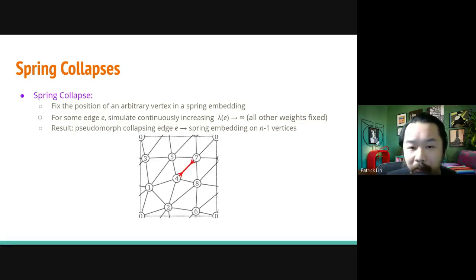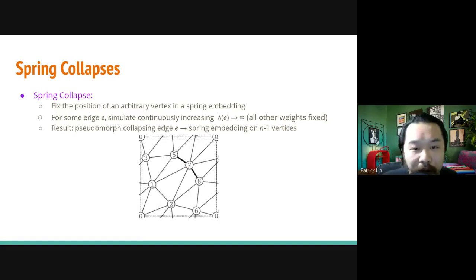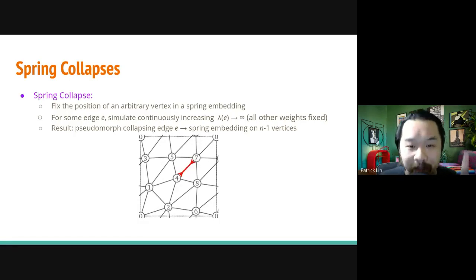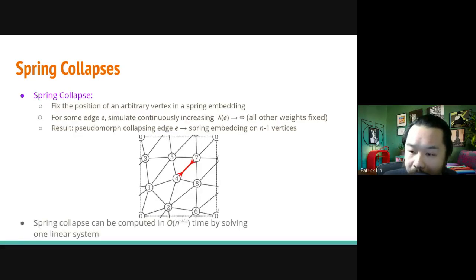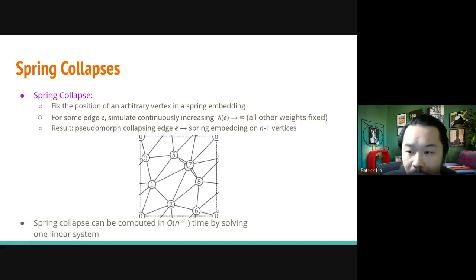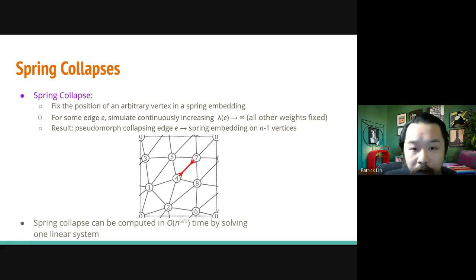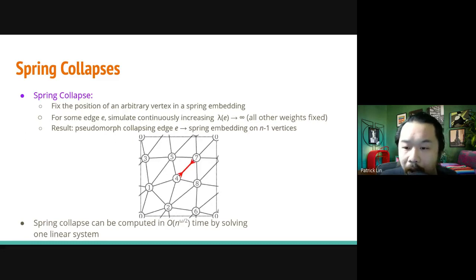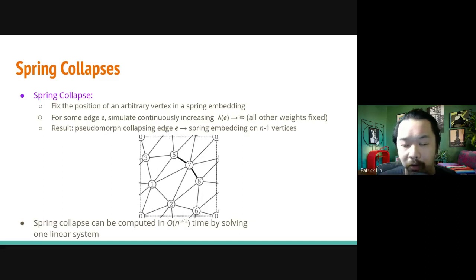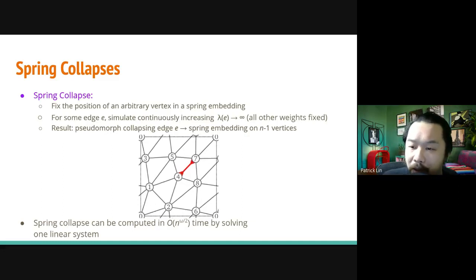If everything's working in parallel, we can just take the starting position, take the ending position, and linearly interpolate, and now you have a linear morphing step, or sorry, linear pseudomorphing step. All you really need to do is figure out from the starting position what the ending position is going to look like if we just set this weight to infinity. This can be done by solving one linear system for the positions at the very end. And so that's very nice.